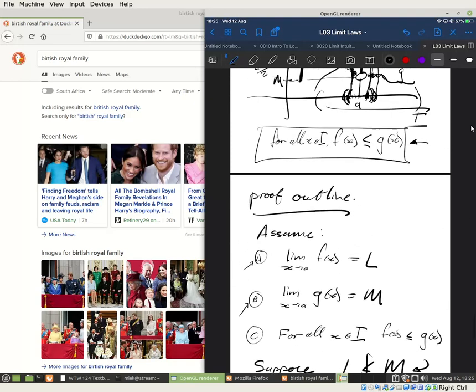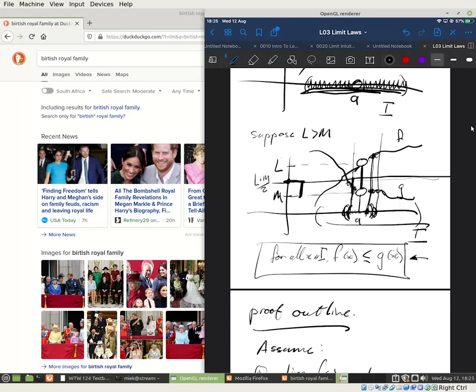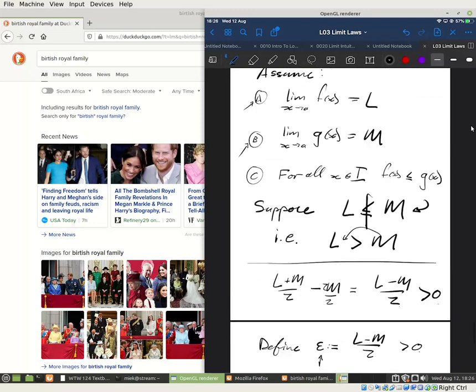So f takes on values that are always bigger than the average of L and m, so always above this line. And now we will do the same thing for g, but we will see that g takes on values that are always below the average. So let's do that.